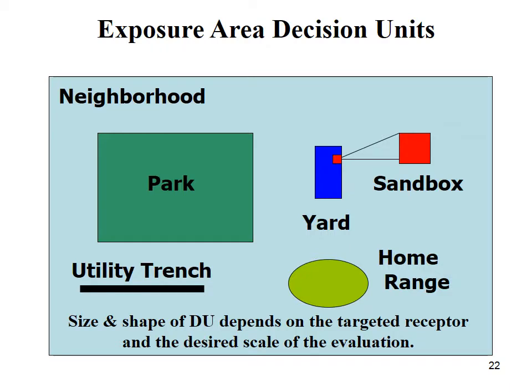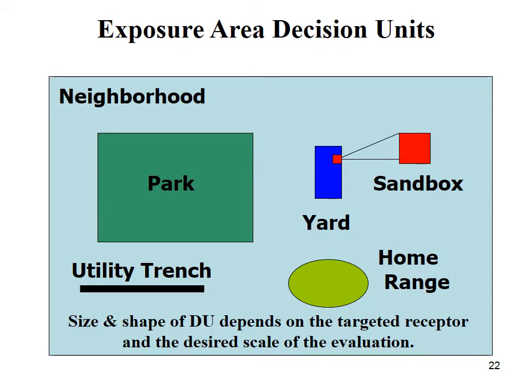This slide illustrates different exposure area decision units and notes that your decision units can vary depending on your site objectives, and the size of those decision units can vary, although the principle of sampling and how we sample those, choosing the number of increments across that DU, etc., stay largely the same and are independent of the size of the decision unit.